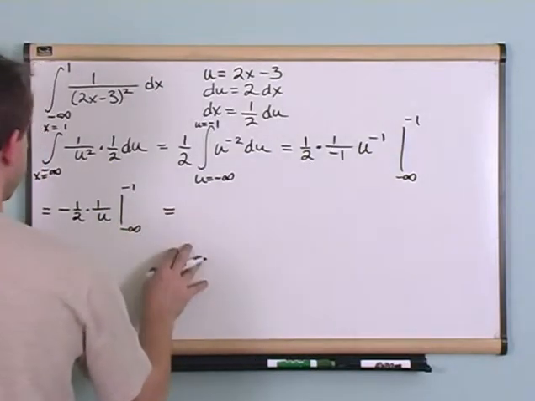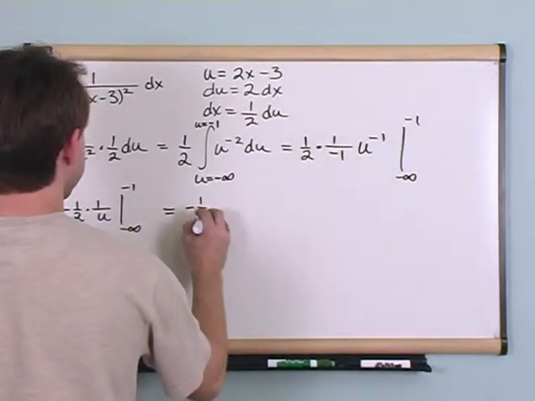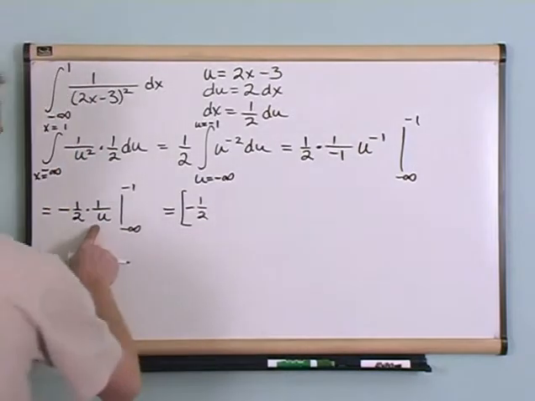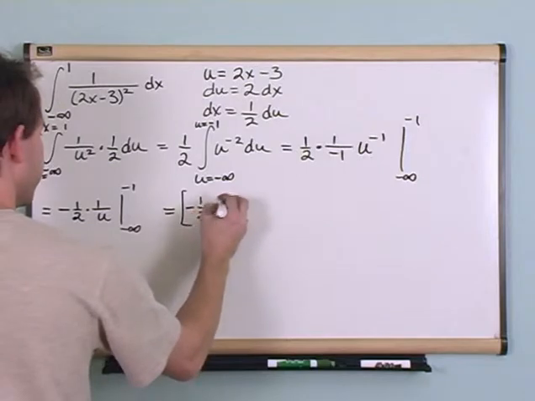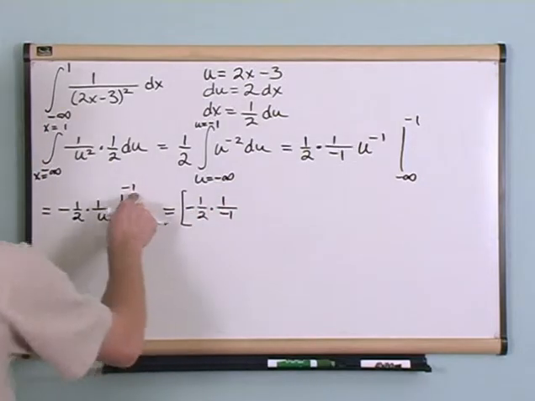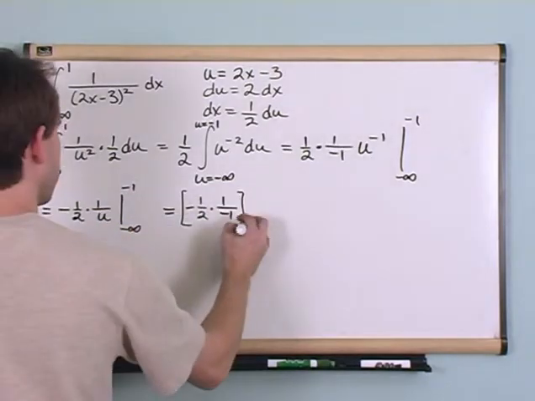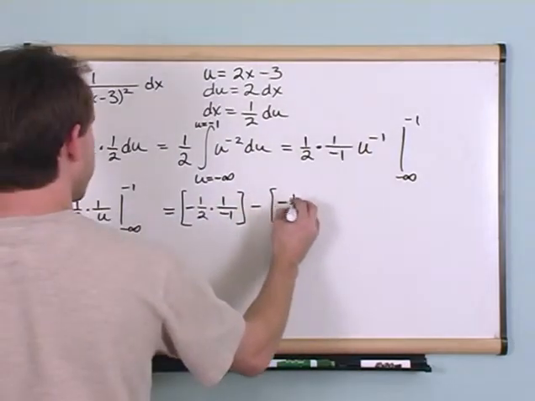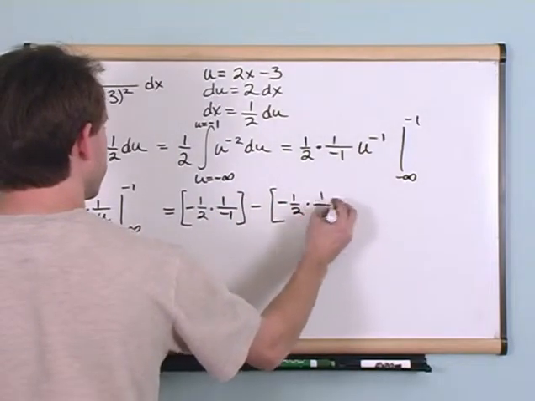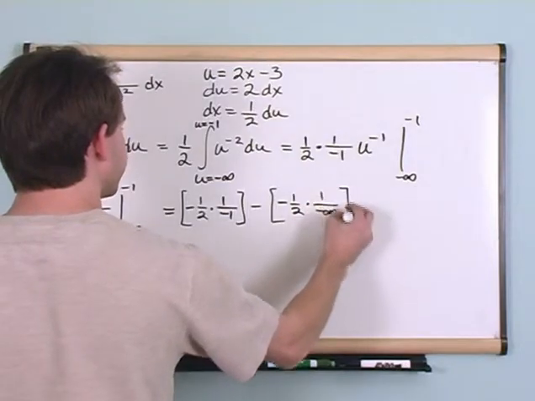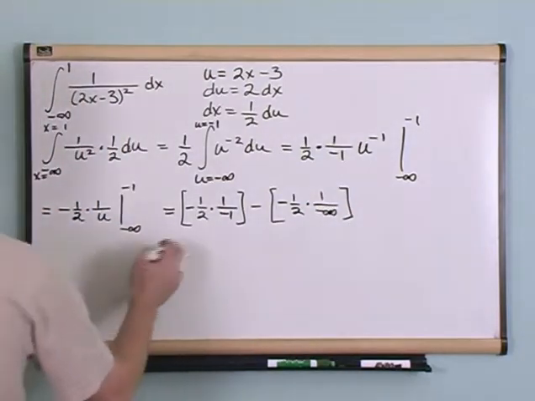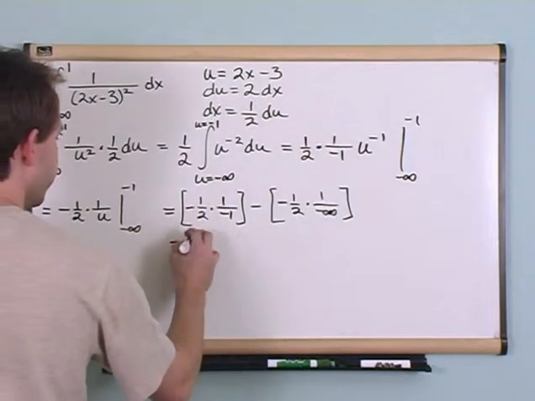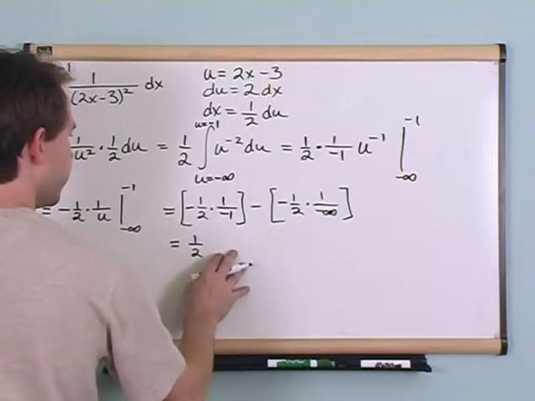So then, in the end, you'll have negative 1/2, and you plug in the top limit times 1 over negative 1, minus evaluated at the bottom, which is negative 1/2 times 1 over negative infinity. And so negative times negative gives me positive 1/2.